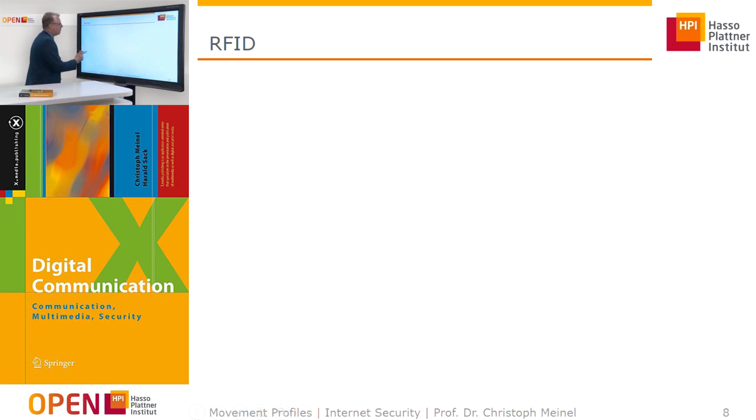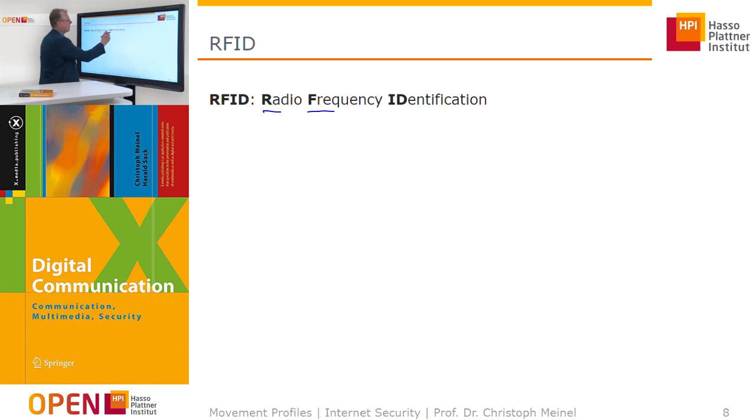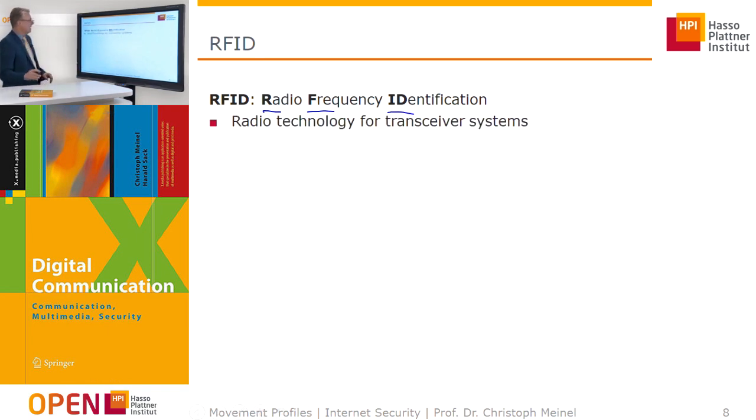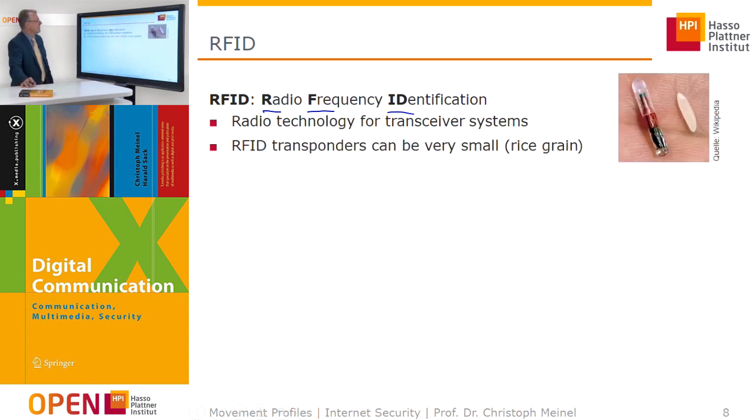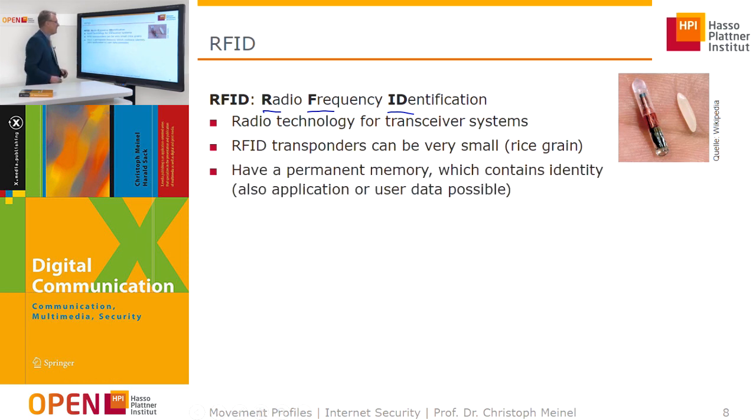Let's have a look at another collector of data, another device: RFID chips. RFID, radio frequency identification, is a technology for very small transceiver systems. The RFID transponder can be the size of a rice grain and is able, for example, in VR or in other devices, to collect data.